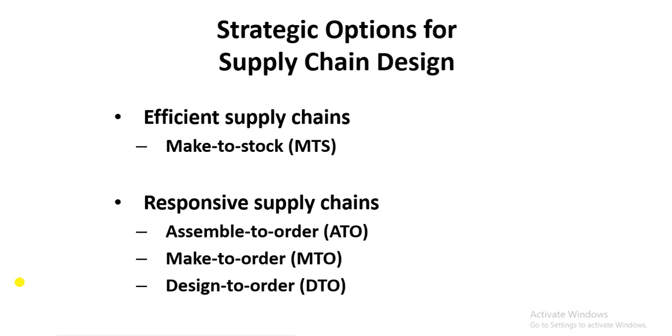First, we will talk about the efficient supply chains, and under the efficient supply chain, there is a strategy which is called make to stock. I am hopeful that you have read this terminology before while dealing with managing inventories.